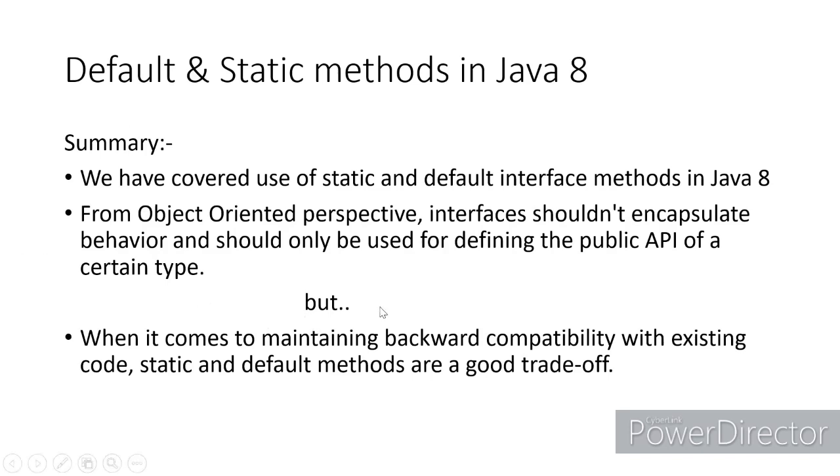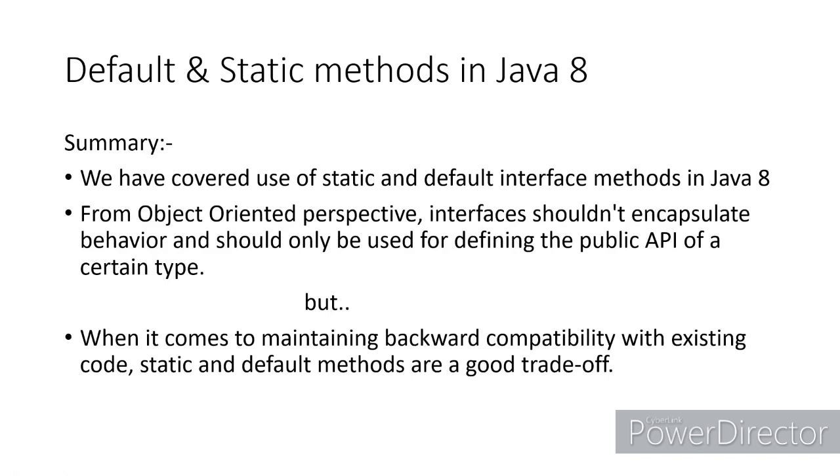So why was it allowed in the first place? It is saying that it should not have, but when it comes to maintaining backward compatibility with existing code, we have seen all those problems. What will happen if it doesn't allow the implementation of the default method there, and I have to add an abstract method tomorrow? What all problems will I face? We have seen it.